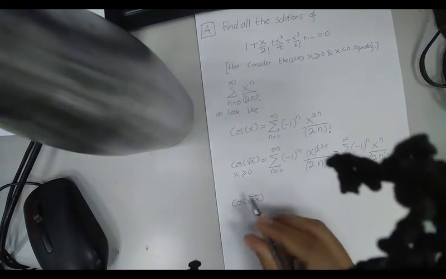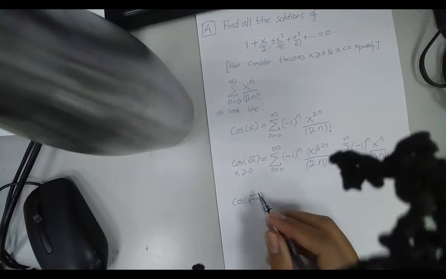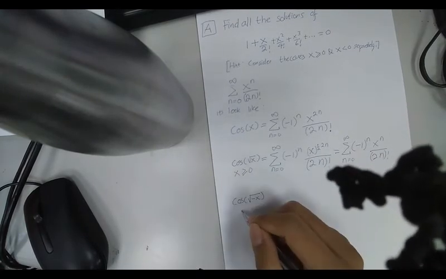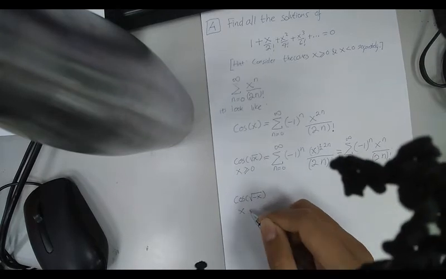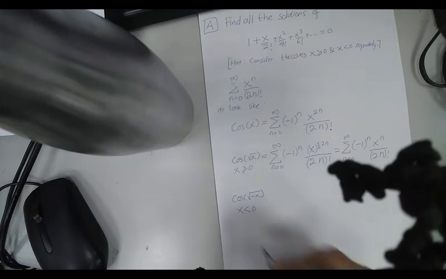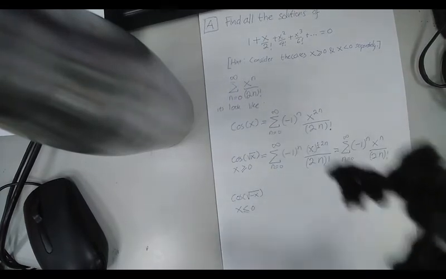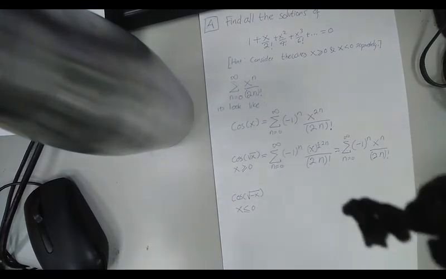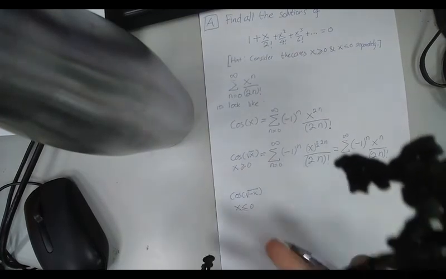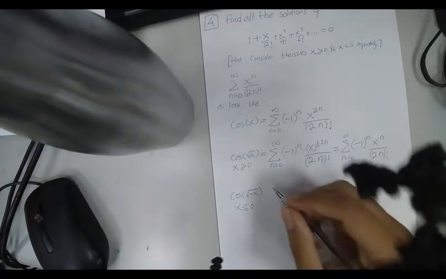So this equation, cos of square root of minus x, is also valid for x smaller than 0. Okay, smaller or equal doesn't really matter here. For x negative, the inside will become positive, and that becomes our normal equation.